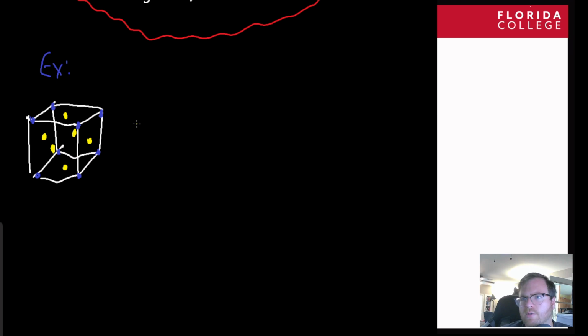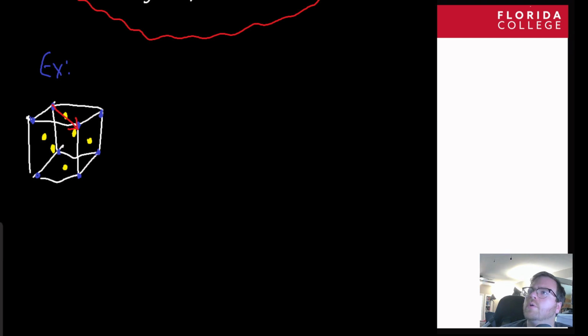Okay, so here's our FCC crystal structure, and I'm going to draw a vector in red from here to there. I'm starting at this position, ending at this position. It's a straight line.